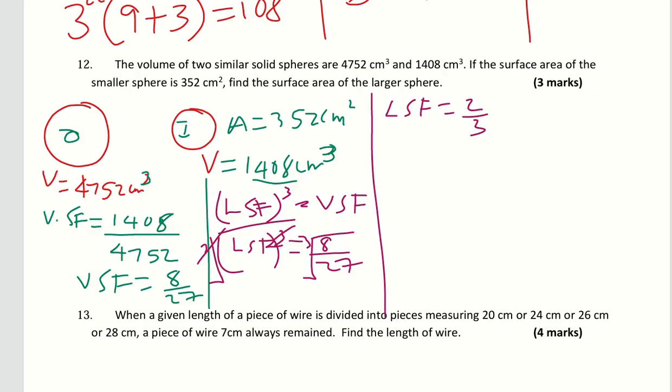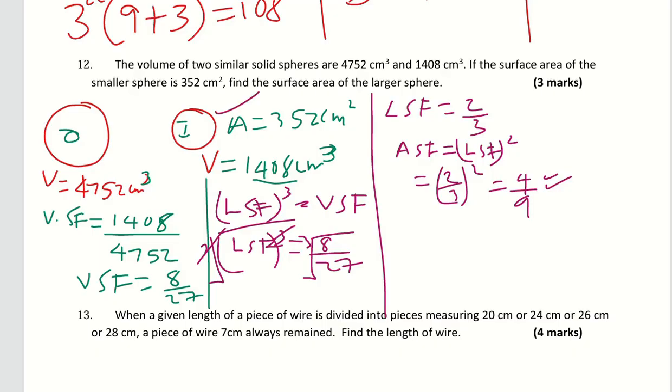Now we get the area scale factor. Area scale factor is the same as linear scale factor squared. So this one will give us 2 all over 3 squared, which is equal to 4 all over 9. So with that, remember the smaller one always represents the smaller value and the bigger one represents the bigger value. So you can decide to go directly and say 4 is equivalent to 352 centimeters squared.